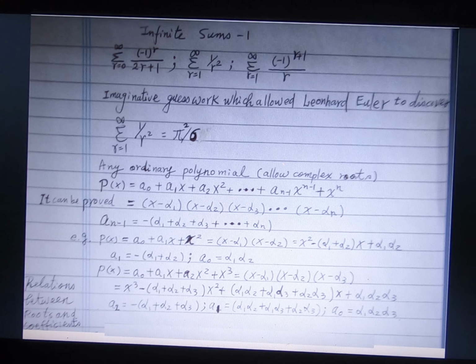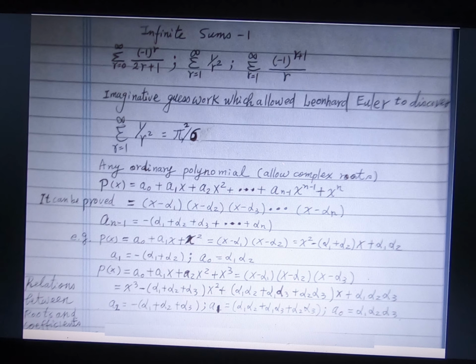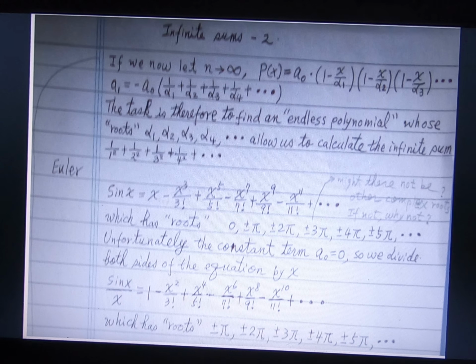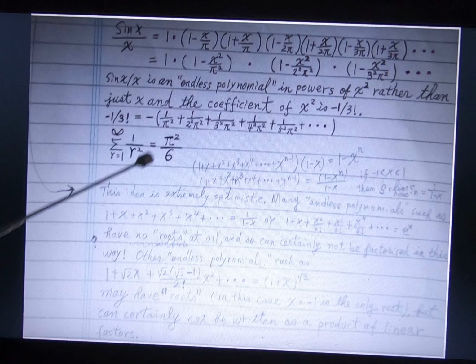You expand the polynomial function term by term like this, and you go through all this, and then you assume this n equal to infinity, and go through this sine x equal to this, and then you come up with pi squared divided by 6. That's a precaution: some of the functions you cannot do this way.